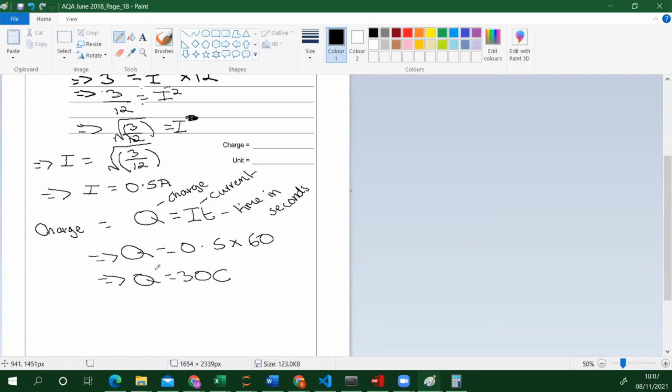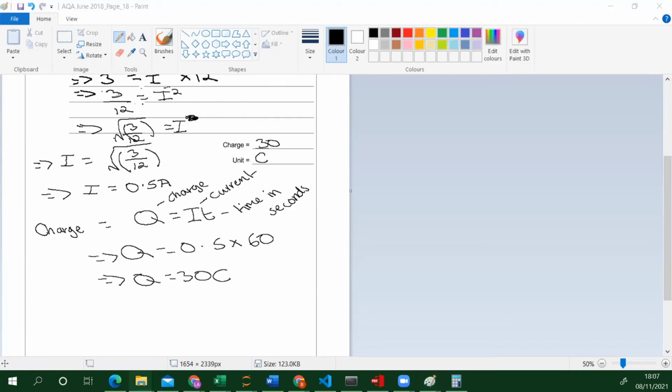So charge is in coulombs. So 30 C. You could also write coulombs as a word.